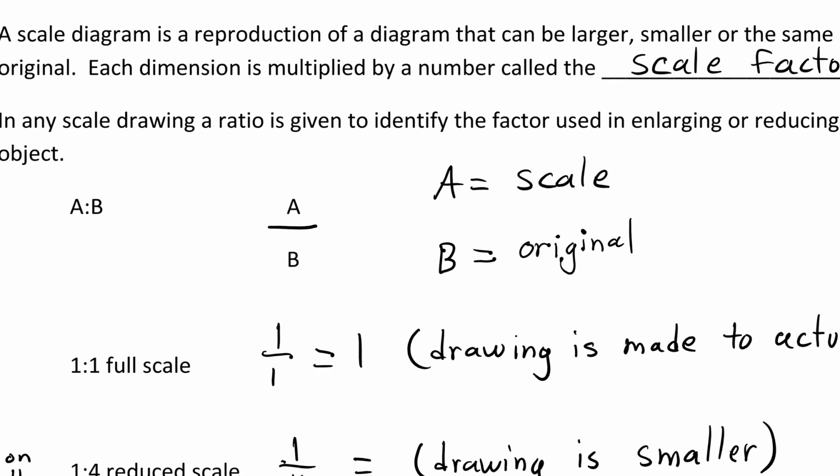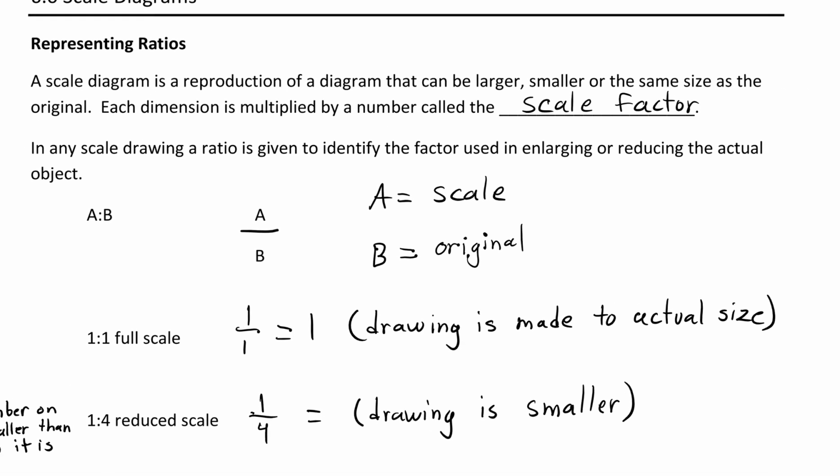So we're not mixing them up or switching them around, because that's going to lead to difficulty with understanding the proper ways to calculate it. So it's always important that we have the top part as our scale and the bottom as our original.